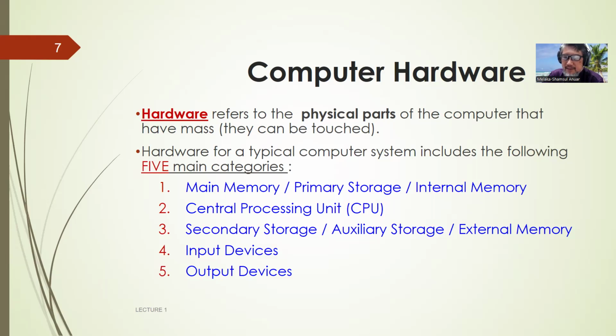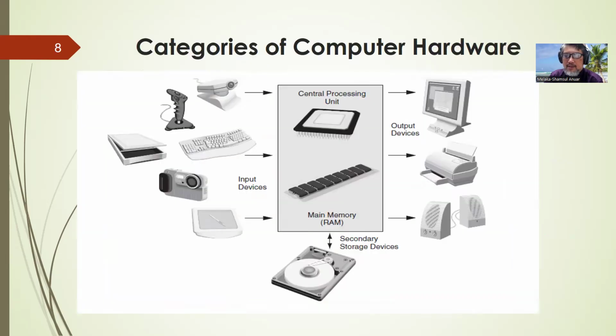We have input devices such as our mouse and keyboard, and maybe even a touch screen, and output devices, the screen, the monitor, maybe even printers and plotters. Even if we have speakers, all those are output devices.